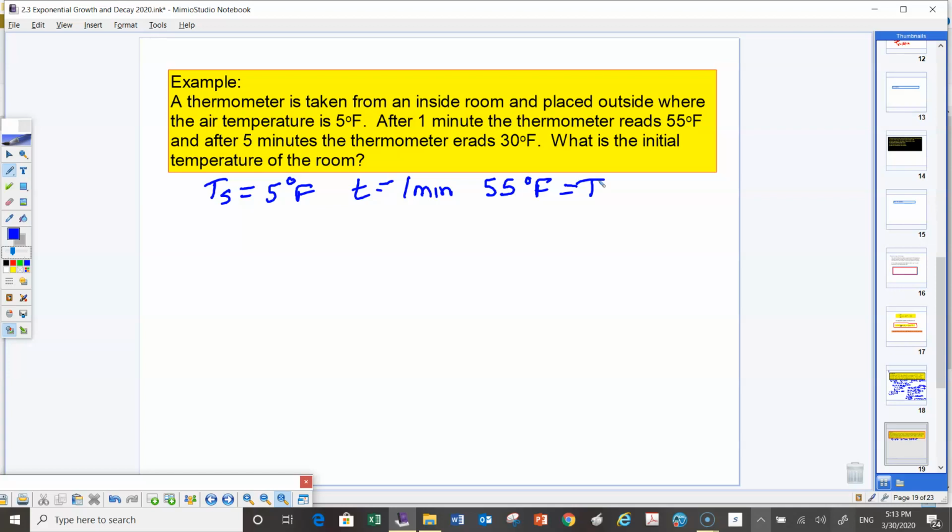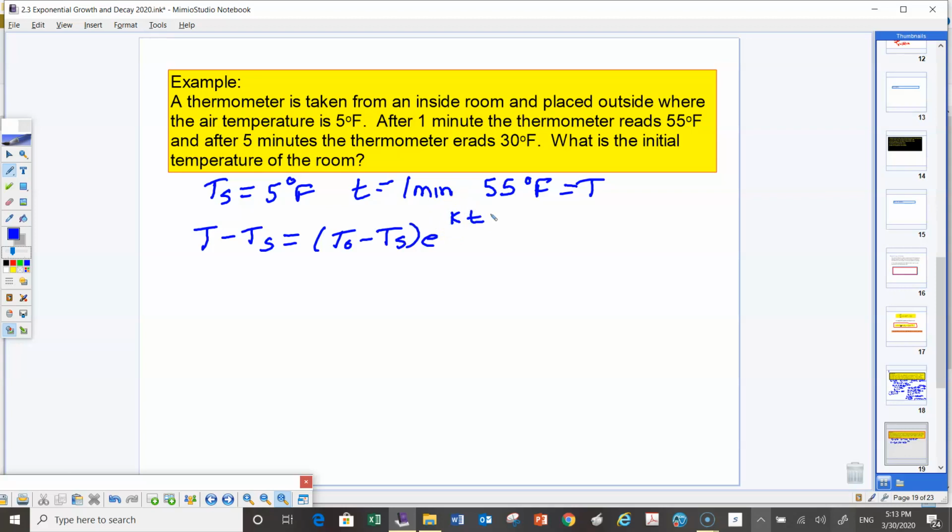Okay, so given our first set of data, we can plug our information into our formula. T minus Ts is equal to To minus Ts times e to the kt.